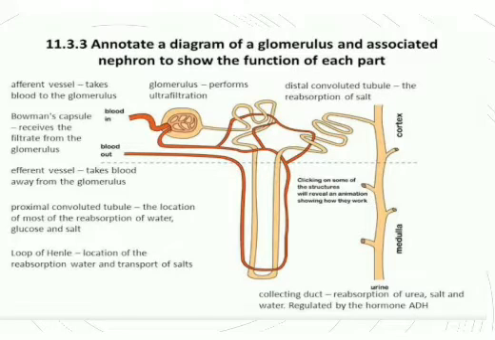So these are all the functions. The efferent vessel takes the blood away from the glomerulus, and the glomerulus performs ultrafiltration. Actually, three things occur in the nephron: ultrafiltration, reabsorption, and secretion.